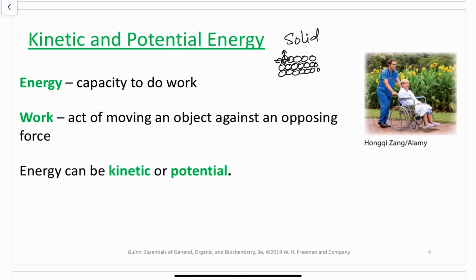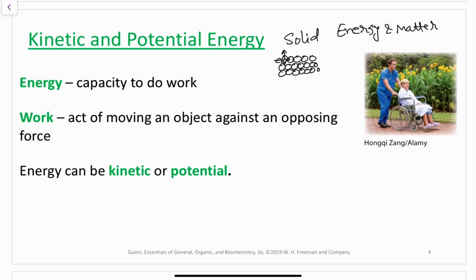And why are all these particles vibrating and moving around? Because of some kind of energy associated with these particles, right? So that's why, if I say energy and matter, they're connected by a relationship, because if matter has energy, the atoms or molecules or particles are vibrating or moving around.